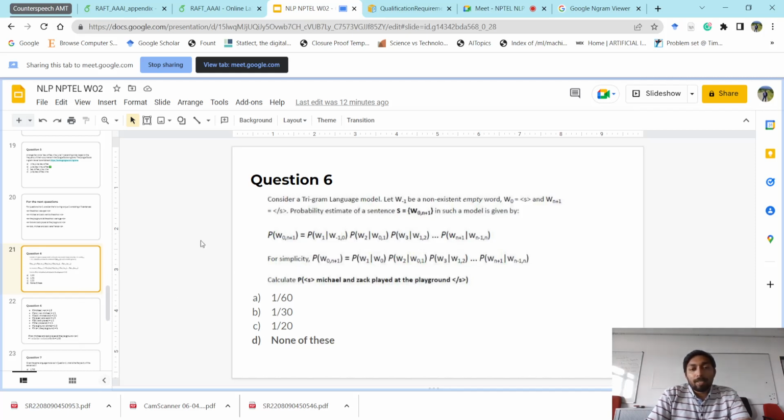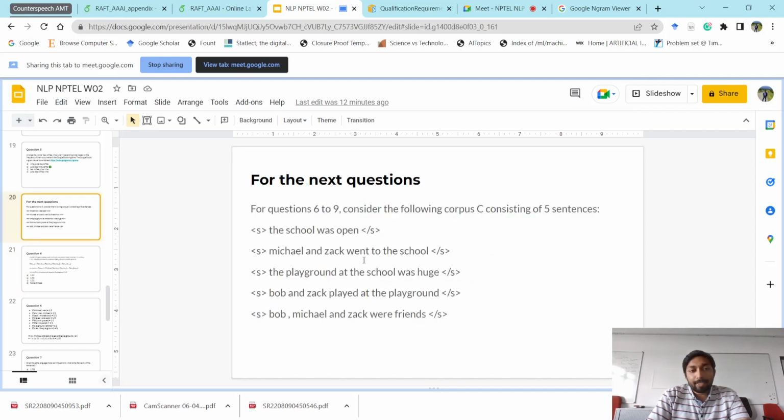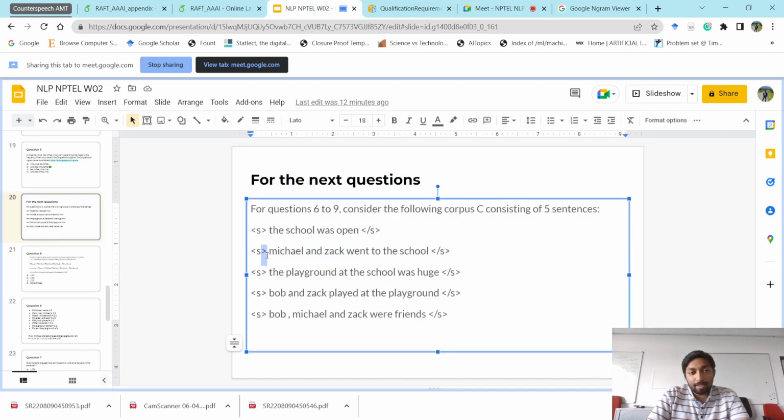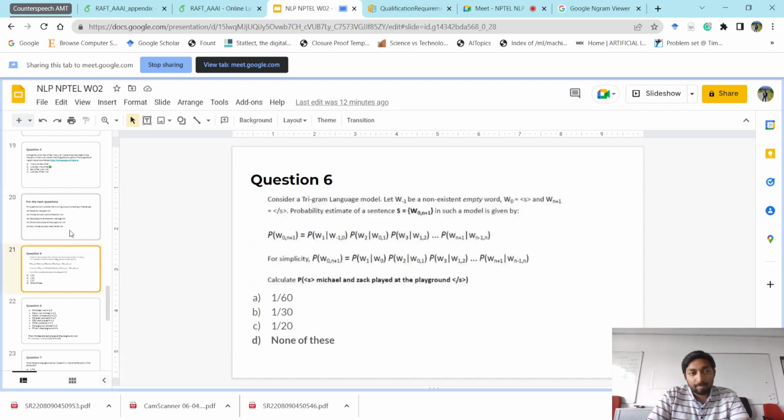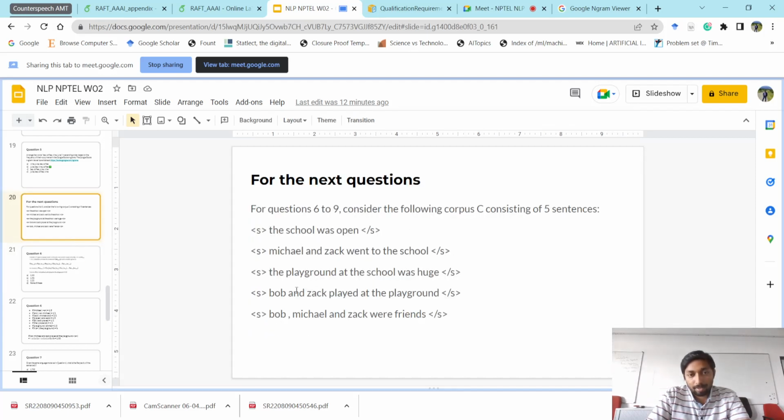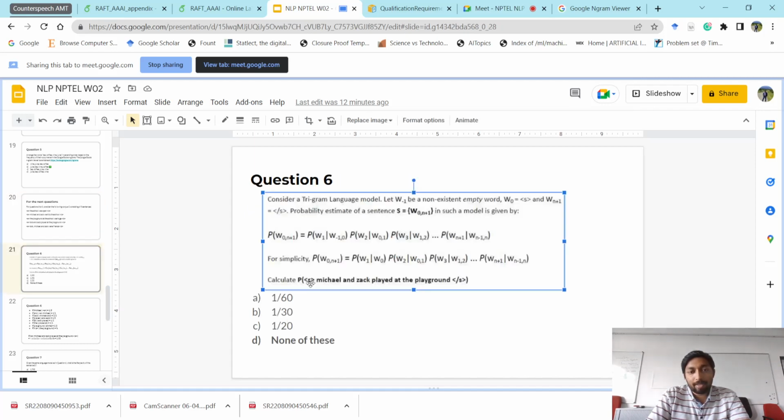So we have this sentence, and we have to find the probability of this sentence. What we will do is separate the formula.